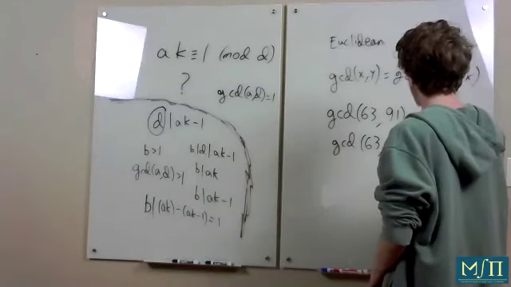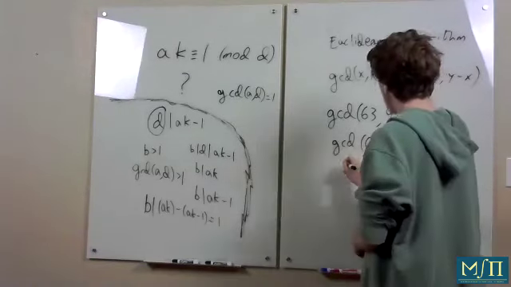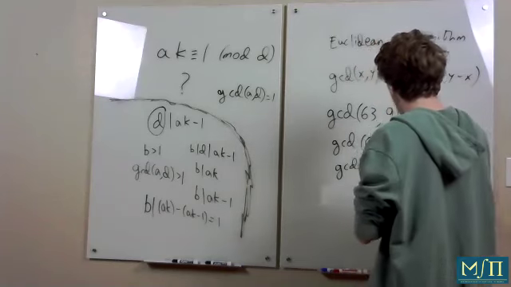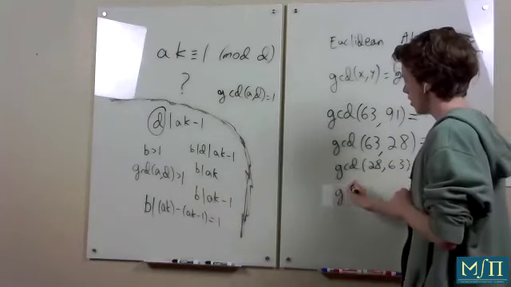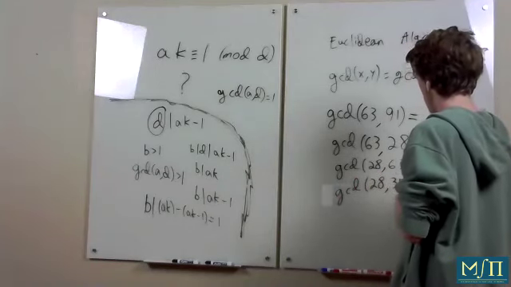Now you can switch them and do this subtracting again. So 63 minus 28 is 35. And you just keep going until you get smaller and smaller numbers.